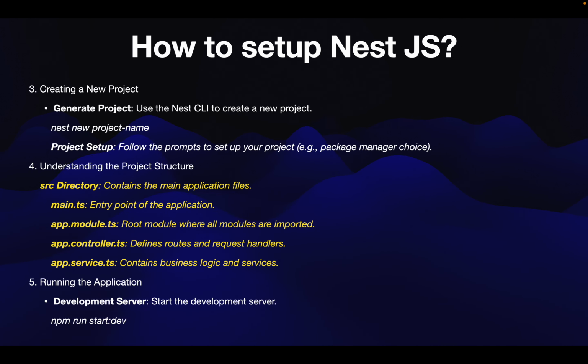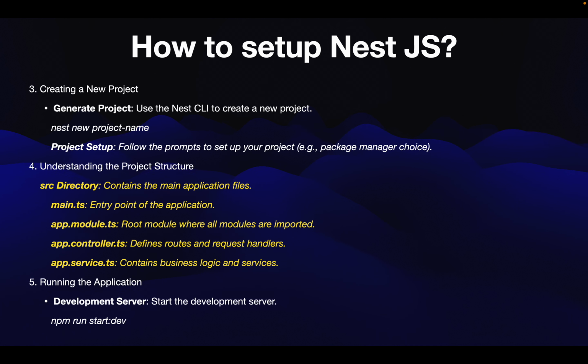The third step is creating a new project. Generate project: use the Nest CLI to create a new project. You can type nest new followed by your project name, whatever name you have in mind. In the next video we will get into some programming and coding, so you will get the idea of how we can start, and you can tweak around and see what happens.